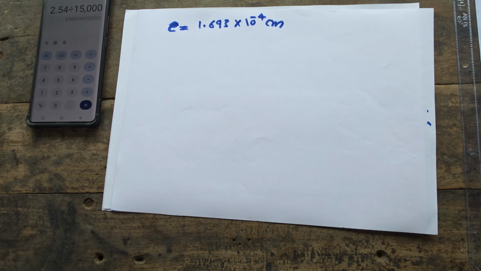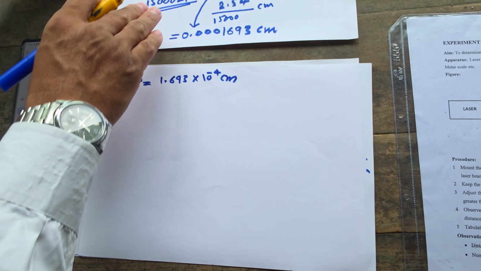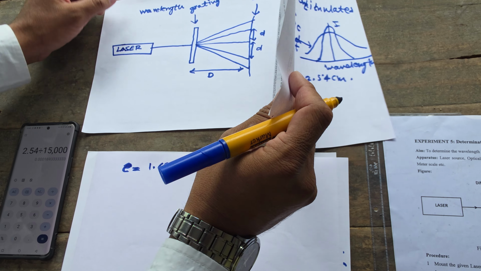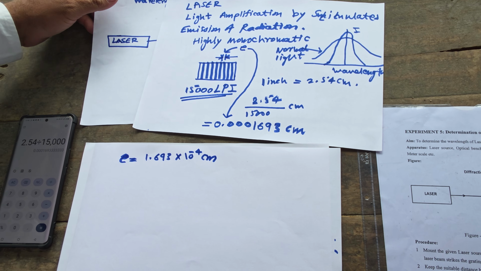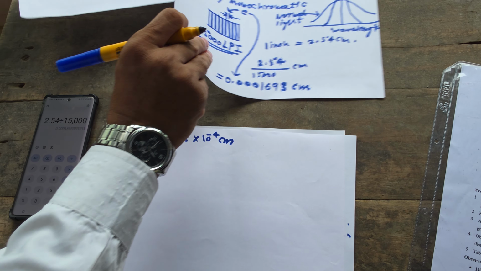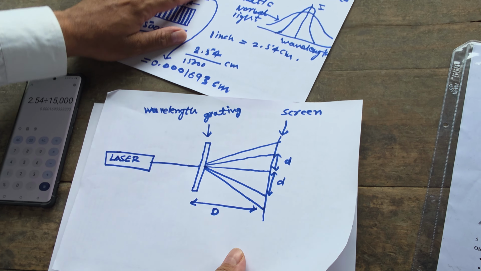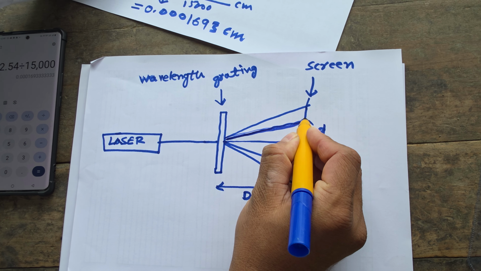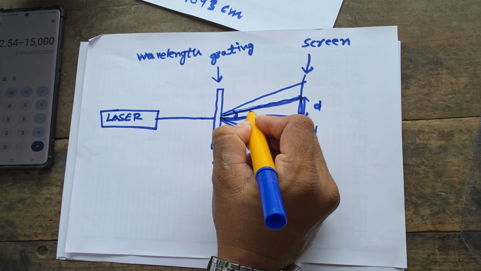Okay. Now we have seen this experimental setup as well here. I will draw this particular triangle, say for example, with this angle to be theta.